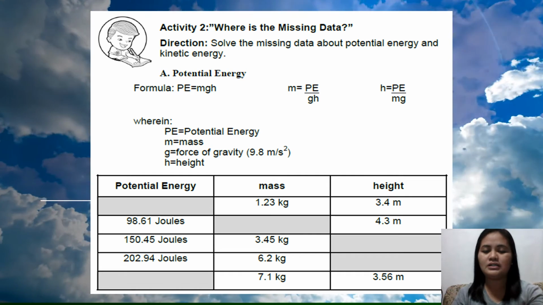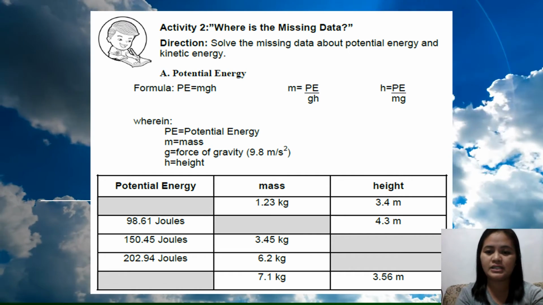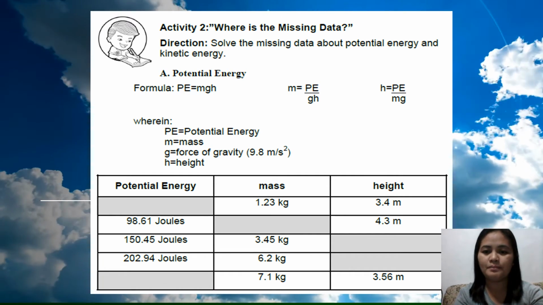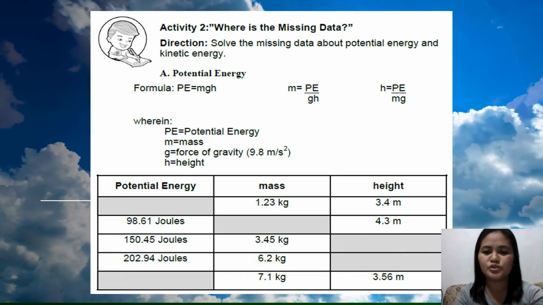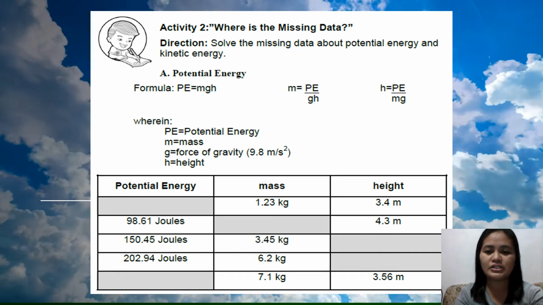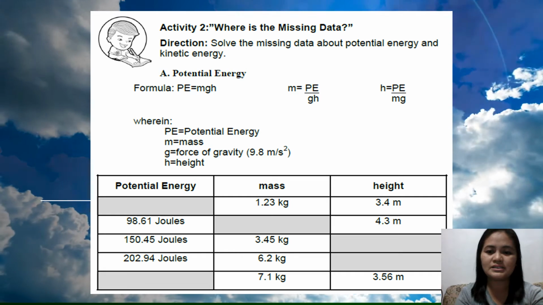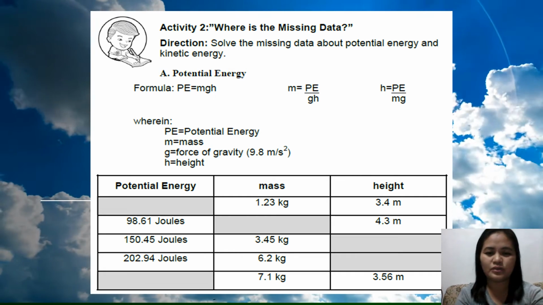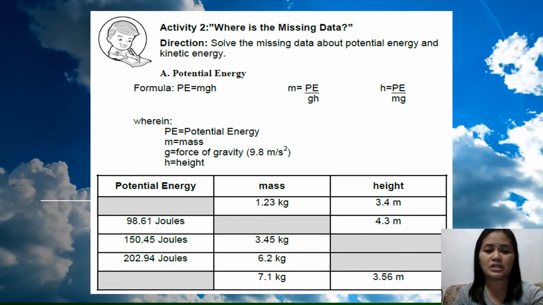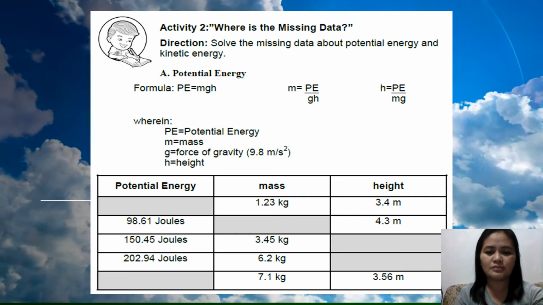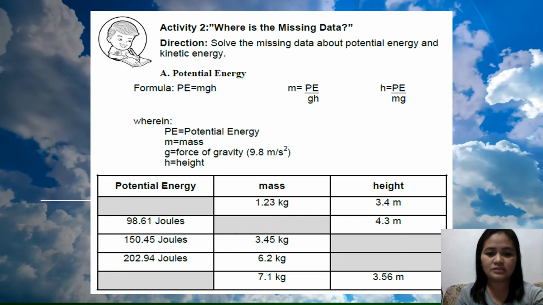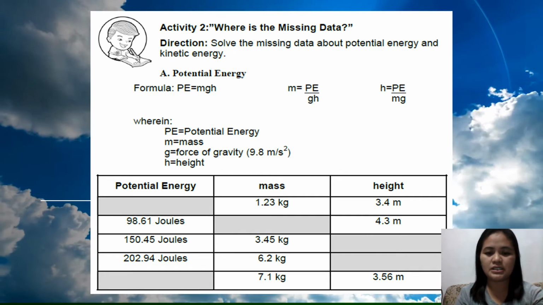Third formula is for height or H is equal to PE over mg. Potential energy divided by mass times G. Walang G sa table kasi nga constant siya. Basta kapag G, ang gagamitin mo 9.8 meter per second squared.